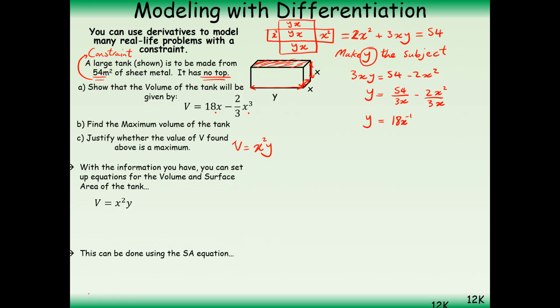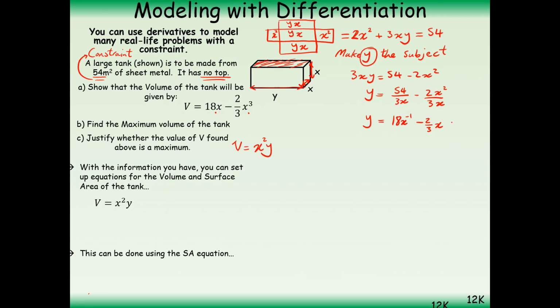No, and then I will have negative 2/3 x squared. Why is this not working out?